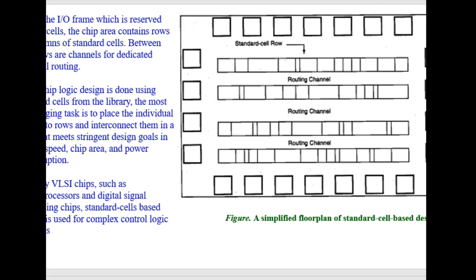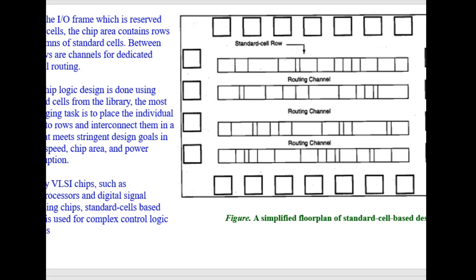Inside this IC area, all the different types of components and pins are to be arranged and connected. Okay, so here these are the standard cells that are placed along a row, in this one line, and then some space is given for routing. Routing means interconnection, for connecting these components with other components.